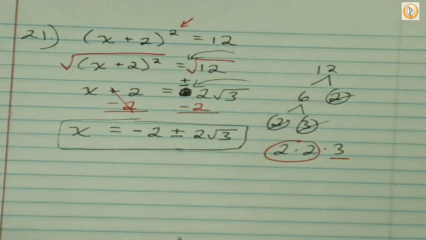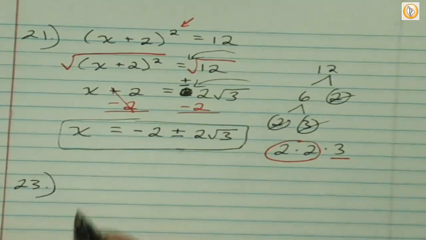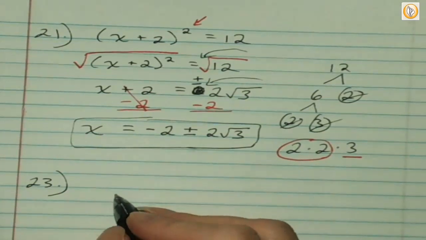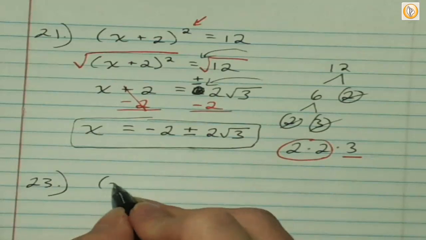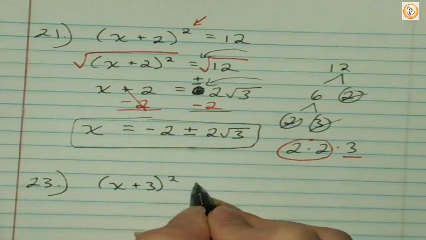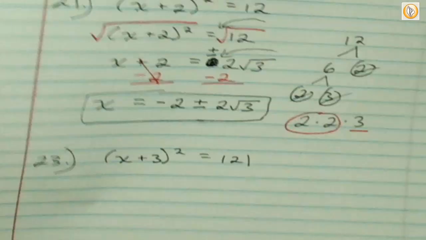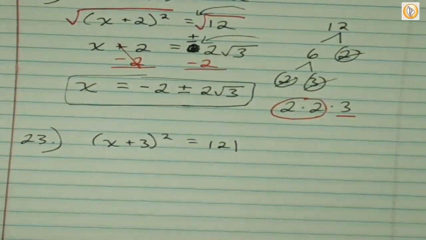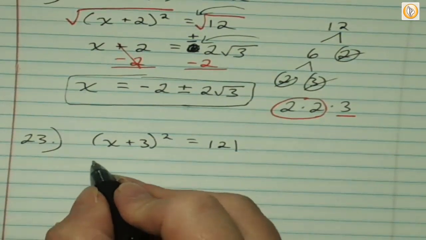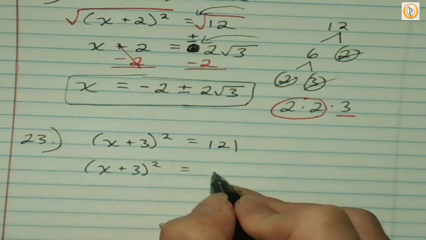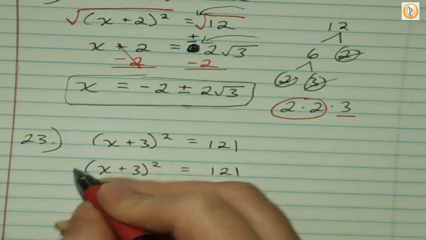Let's do another. Whit, I'm going to let you do this one as soon as they're done writing. This one will be a little bit easier. x plus 3 squared equals 121. So write that down, and then tell me what to do. You're going to square root everything, right?